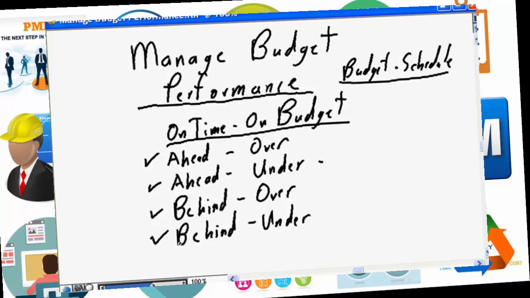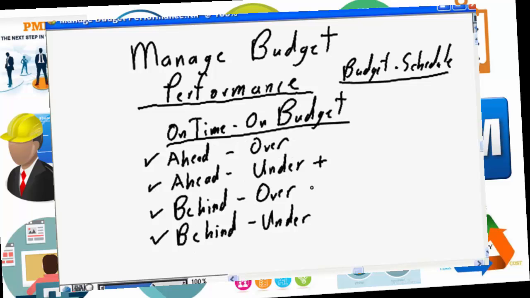So again, managing budget performance is where we start to tie budget and schedule together, and we look at the two of them in relationship to each other, recognizing we can be in one of these four states, and then we need to do the specific analysis of saying whether being ahead of schedule and over budget is a good or a bad thing, because it may be good or bad. If you're ahead of schedule and under budget, it probably is a good thing. That's a position I would like to be in.